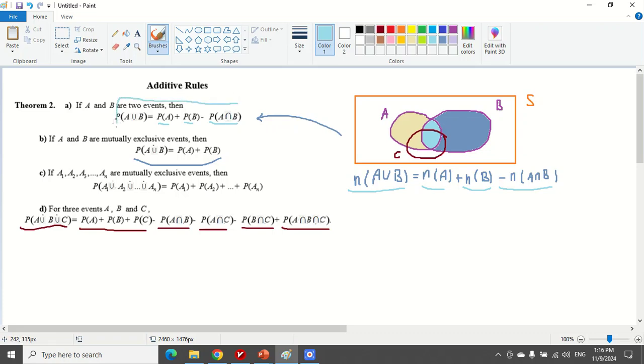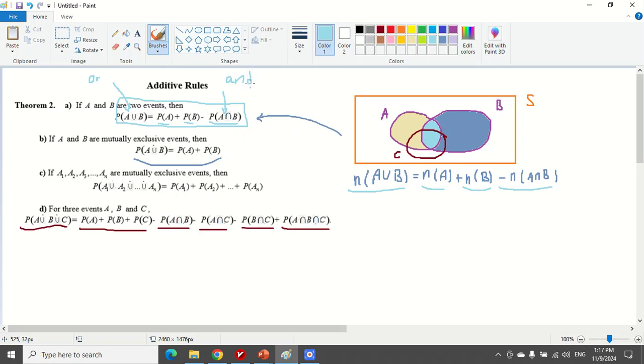So for calculating the probability of a union, we use this formula. I want to emphasize the union and intersection: when we have the union of two sets, we use the word "or" to connect these two events, and when we have an intersection, we use the word "and," meaning that the first event will happen and the second one too.